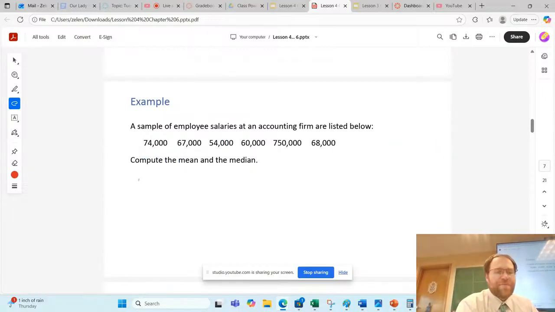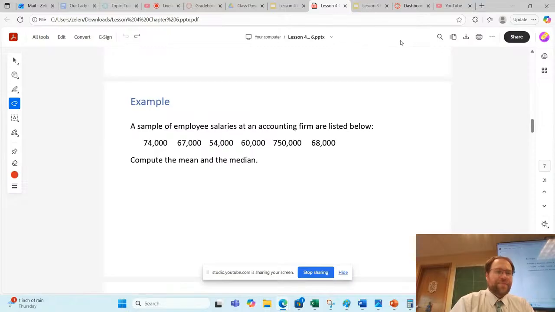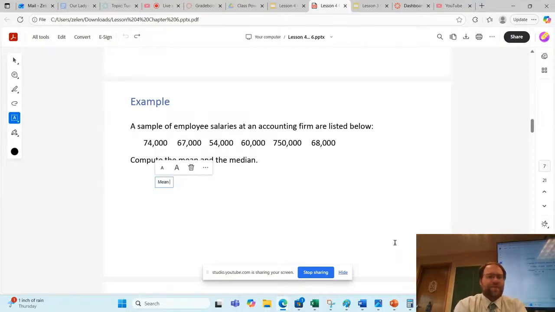If you were going to find the mean of everything here, what would you have to do? Add them all up and divide by the number that you have.